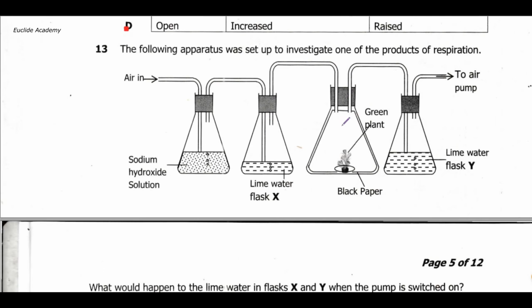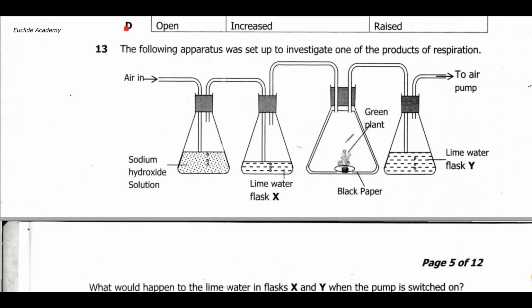Once it goes in here, the air doesn't have carbon dioxide. But remember, in here we've got a green plant, and we talked about living things carrying out respiration. So this plant carries out respiration, a process by which organisms produce energy by burning up food.